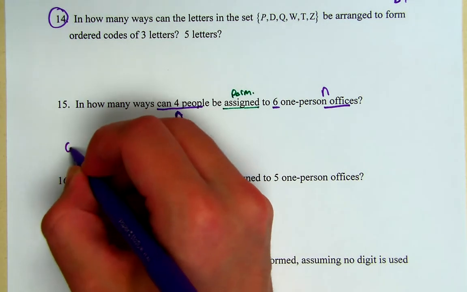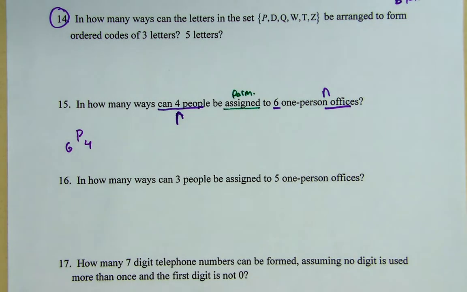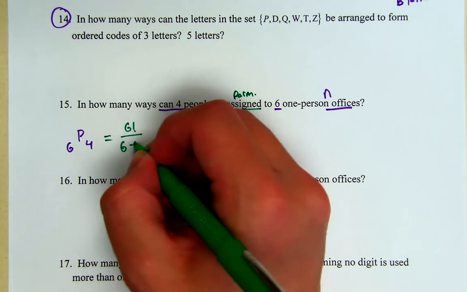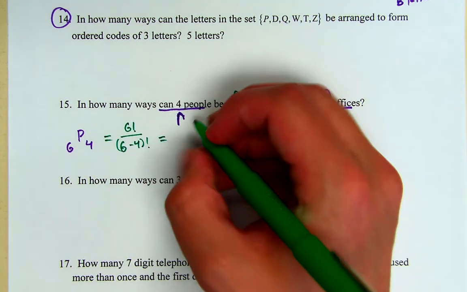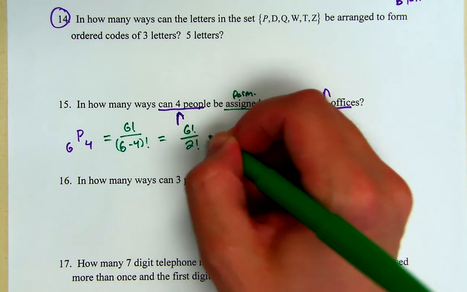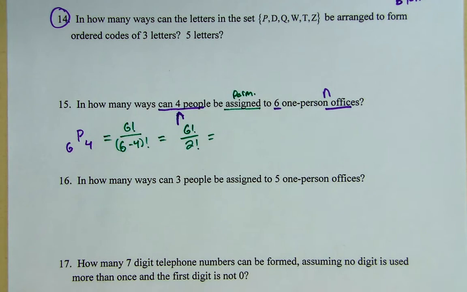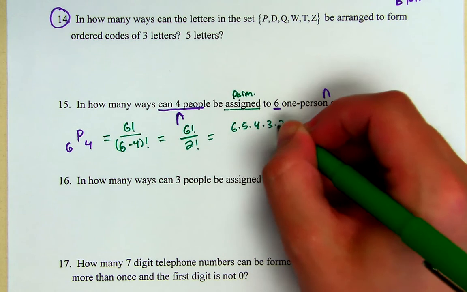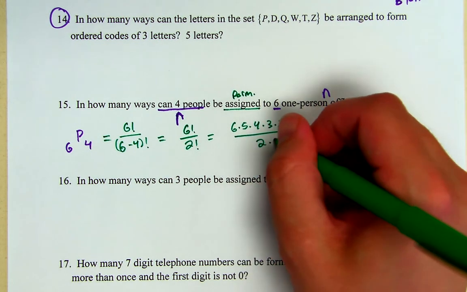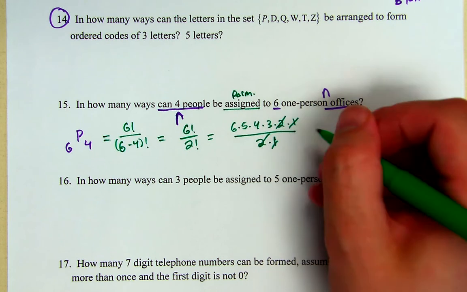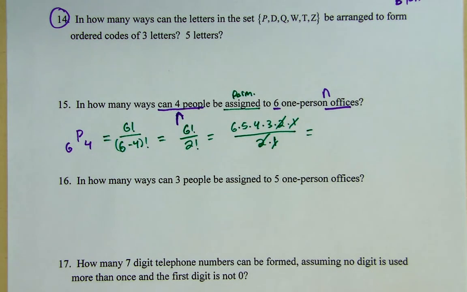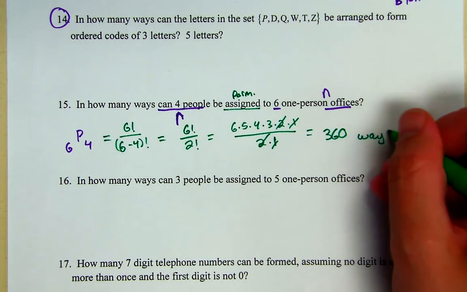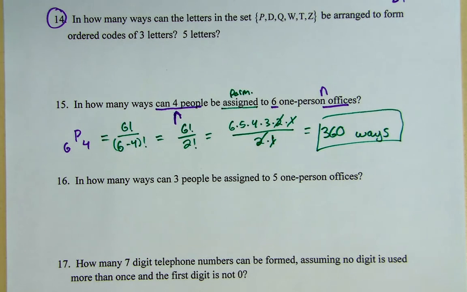So we have 6 offices, pick 4 people to go in them. That's 6 factorial over 6 minus 4 factorial. So we get 6 factorial over 2 factorial, and let me show you this one by hand. 6 times 5 times 4 times 3 times 2 times 1, all over 2 times 1. Notice the 2's cancel, the 1's cancel. So then you just have to do the rest there. That ends up being 360 ways that you can arrange those.